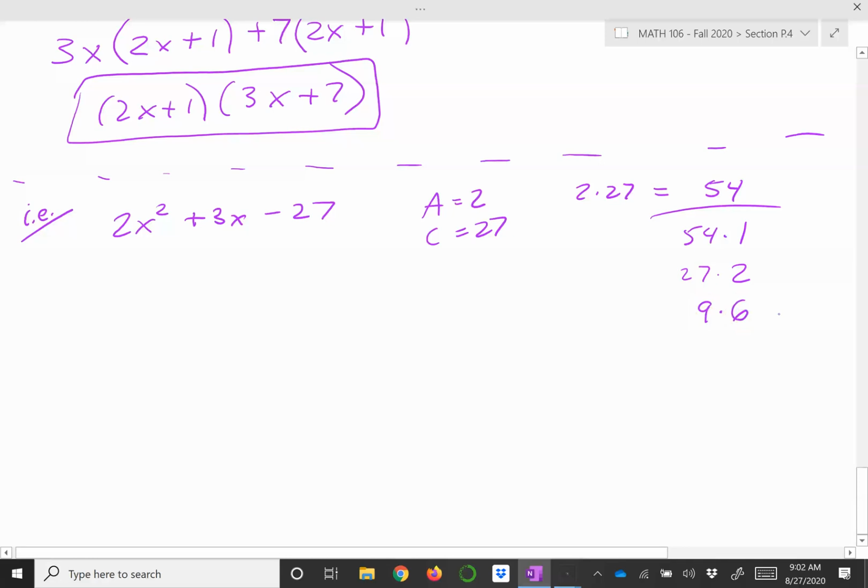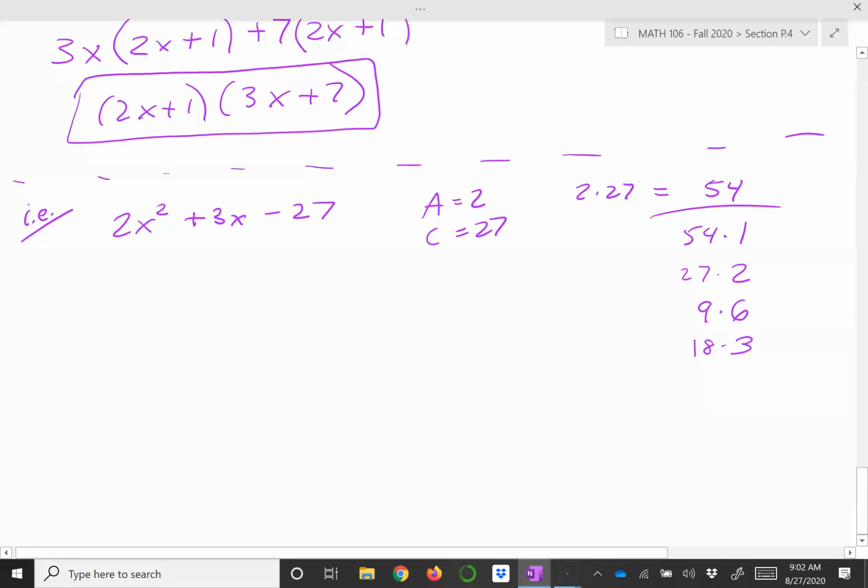Is it, no, not 12. 11, no. Is there anything else? I think that's it. It's got to be a 3. 3 divided by that, what is that? 18. No, I think that might be it. I knew there was another one. But we didn't even need that one, but I knew there had to be another one.